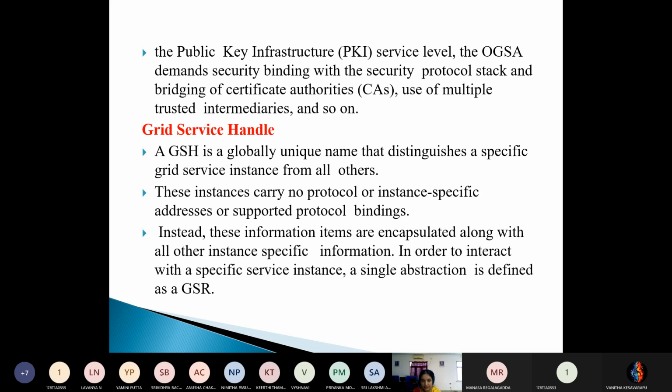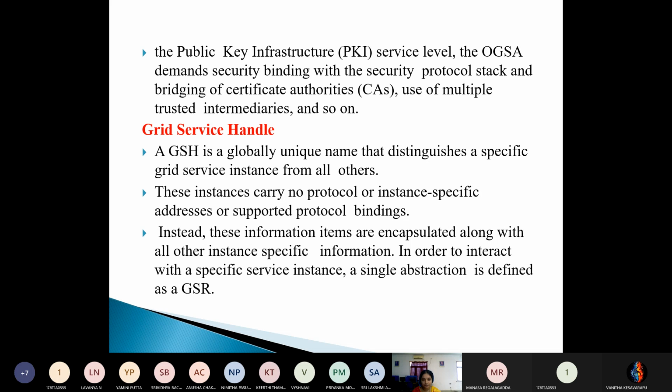Whenever we use the grid security models, we have to use security levels in order to protect the data. So this is called the OGSA security models.